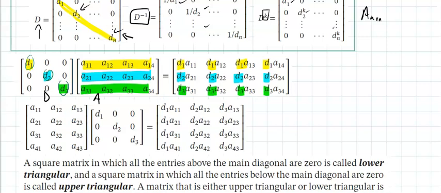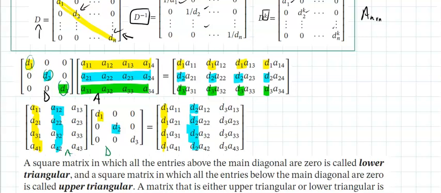If you multiply a matrix A on the right by D, assuming D is a diagonal matrix, then you end up multiplying the columns, as you see right there. So this is a very unique property.